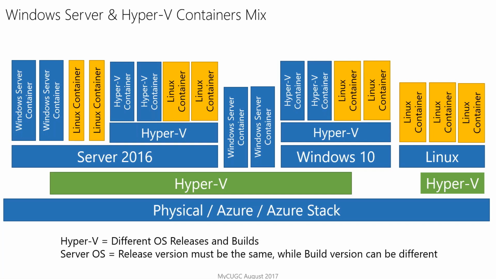Now, Hyper-V has different OS releases and builds, right? Server OS has a release version must be the same, while build versions can be different. So what that means is, if you run containers on Hyper-V, you can run different OS releases and builds. Okay, you can run a Linux version, kernel version X, on a Hyper-V, and you can mix the Windows versions together, so on and so forth.